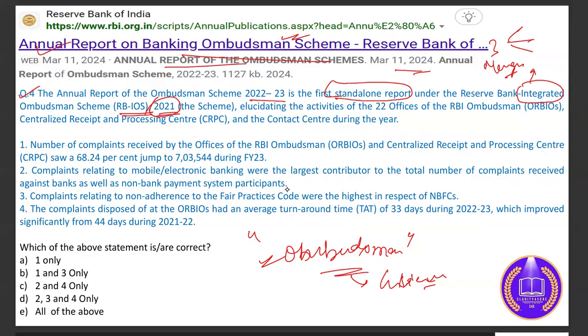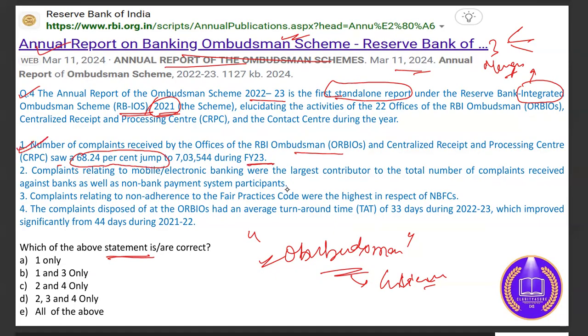Let's find the correct statement. The number of complaints received by the offices of the RBI Ombudsman and the centralized receipt and processing center saw a 68.24% jump in financial year 23.